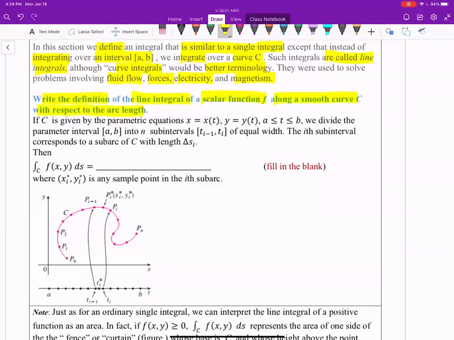So we are writing down the definition of a line integral for a scalar function, lowercase f, along a smooth curve C with respect to the arc length.